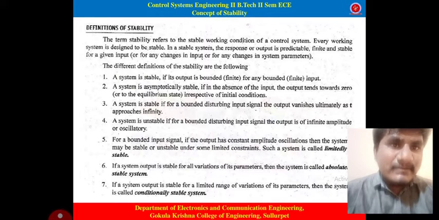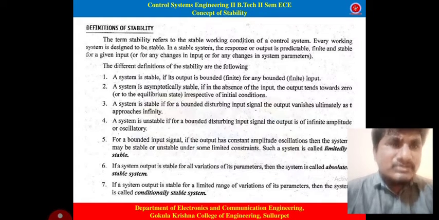The second one: a system is asymptotically stable if, in the absence of input, the output tends to 0 irrespective of initial conditions. It means that when there is no excitation, the output must be 0. And a system is stable if, for a bounded disturbing input, the output vanishes ultimately as t approaches infinity.